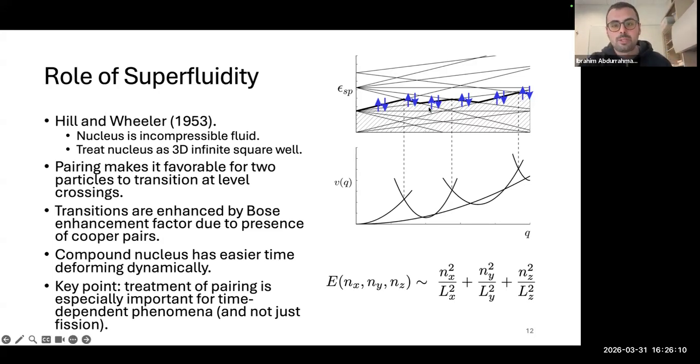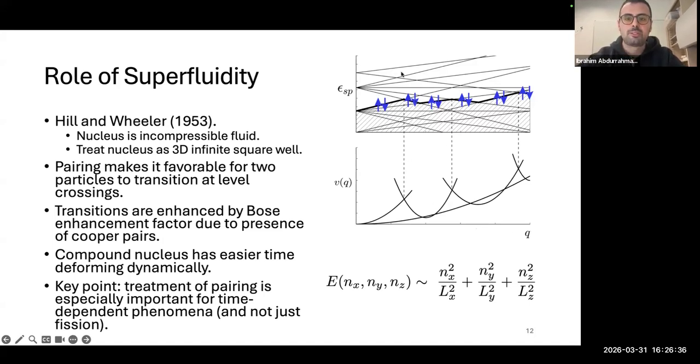And this makes it much easier, as the system starts to deform, for you to keep the total energy of your system down. Say if you had no way to transition between levels, just by energy conservation, you'd see very quickly it would be impossible to deform your nucleus if you were stuck in this level, for example.